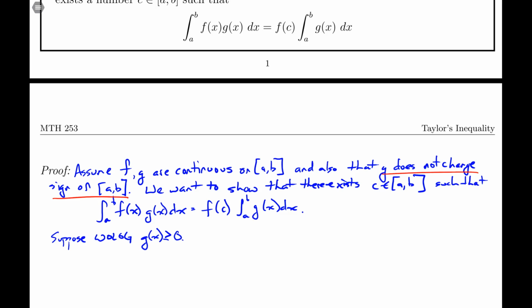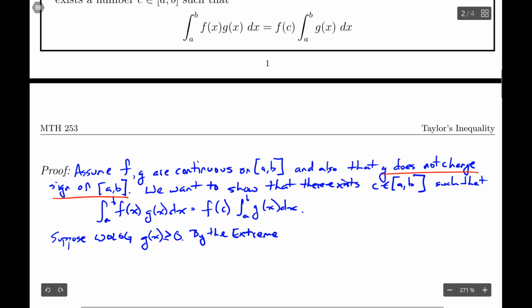Alright, well, we're going to try to use all of the theory that you've seen in differential calculus and integral calculus in order to prove this. So let's go way back to halfway, right when you're changing between differential and integral calculus. You talked about this theorem called the extreme value theorem.